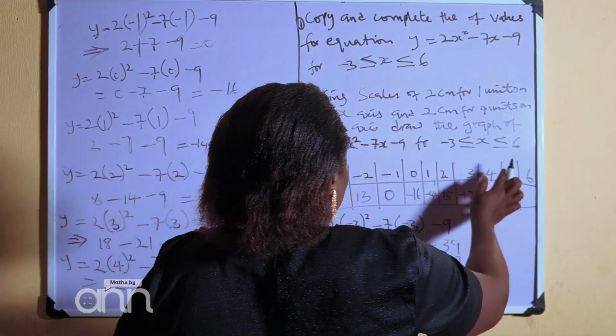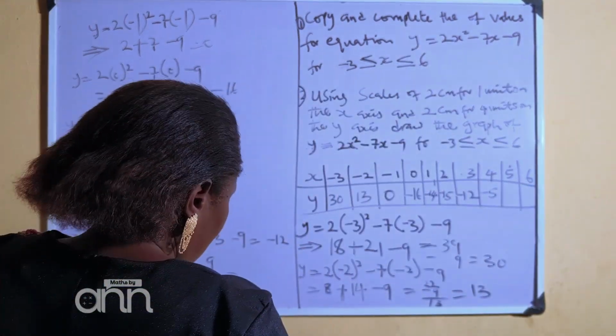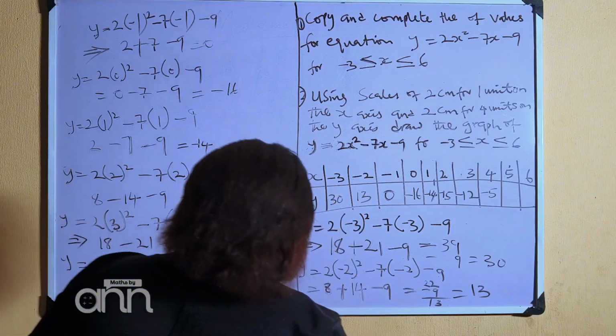You have x equal to 5. Let's come over to this side.